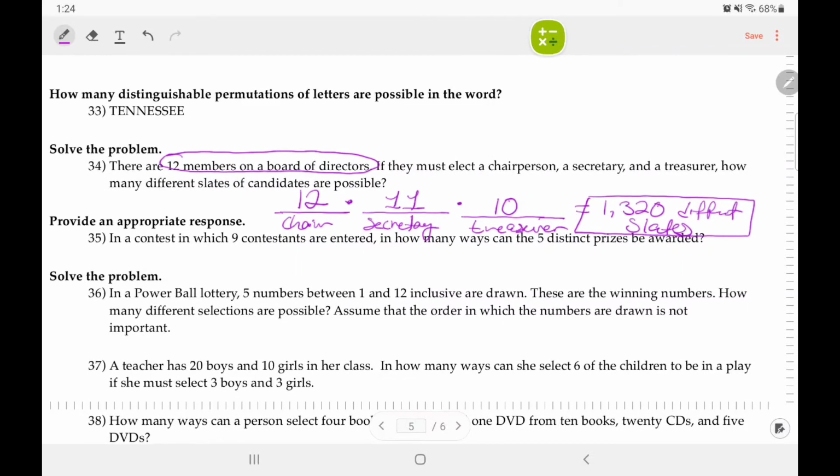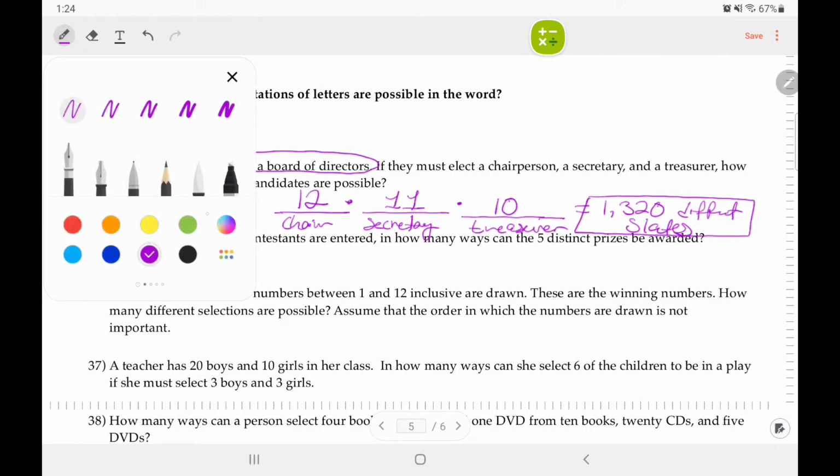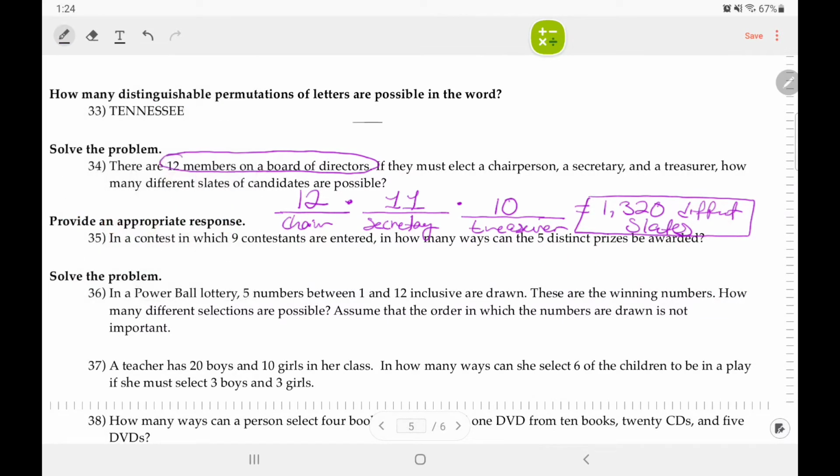Now, we can also do number 34 by using the permutation formula, where we are choosing distinct objects and the objects are not considered identical. The permutation of n objects, choosing r at a time where the order matters and you're not repeating, is equal to n factorial divided by (n minus r) factorial.